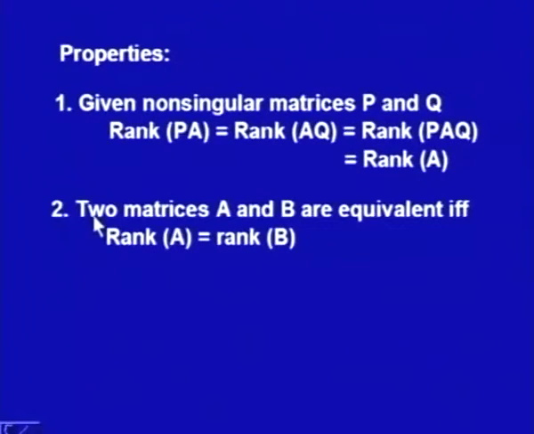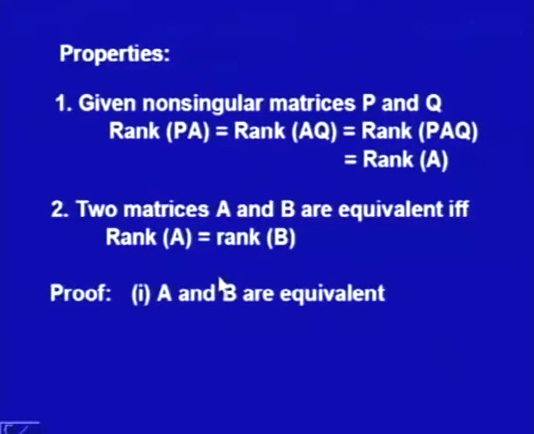Further, two matrices A and B are equivalent if and only if rank A is equal to rank B. So, the proof is simple. We first assume that A and B are equivalent, and that means there exist non-singular transformations P and Q, so that we can write B as PAQ.